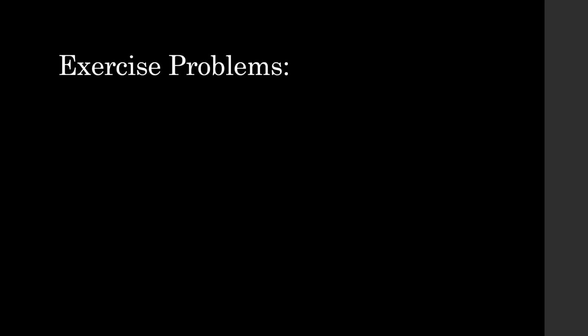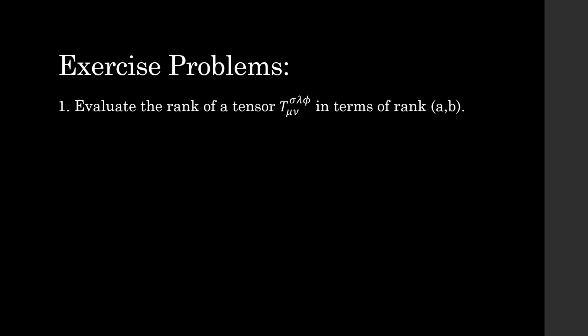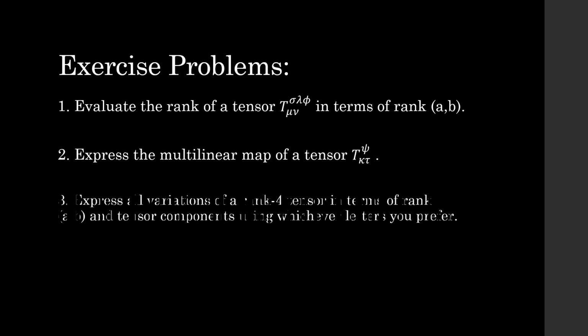So we'll go ahead and leave this episode with a couple exercise problems, and all of these can be answered by taking in the information learned within this video exclusively. Number 1. Evaluate the rank of a tensor T upper sigma lambda phi sub mu nu in terms of a rank AB. Number 2. Express the multilinear map of a tensor T upper psi sub kappa tau. Number 3.